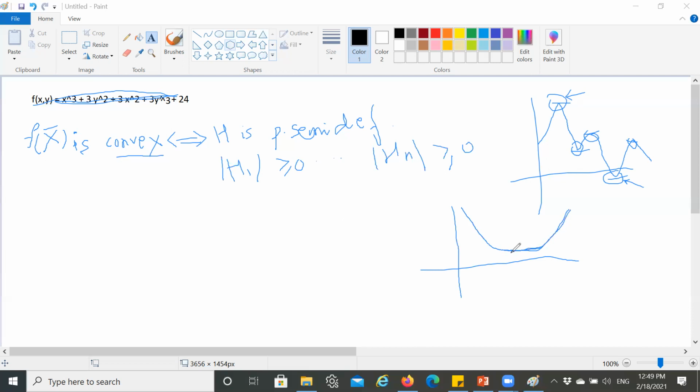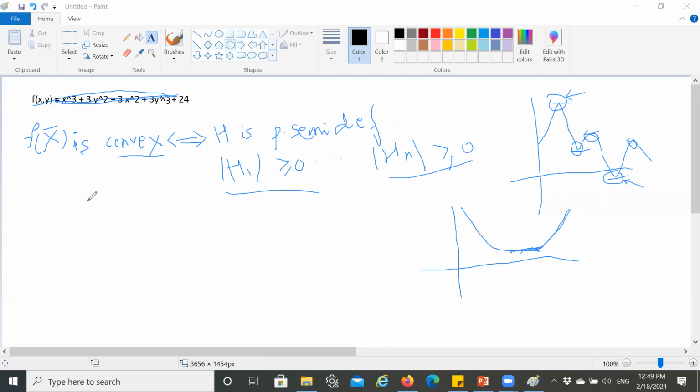So this point would be a global minimum, this point a global minimum, this point a global minimum. So all these points over here are global minimums. Even though this function is convex, if it is semi-definite, then the leading principal minor determinants would be greater than or equal to 0, and this tells us that there could be more than one global minimum.